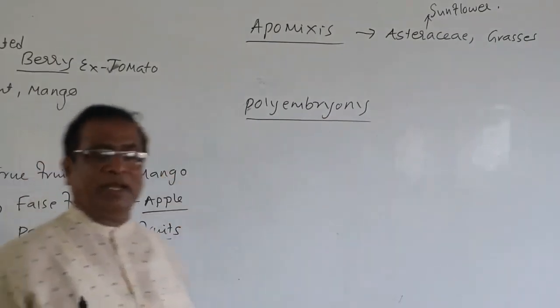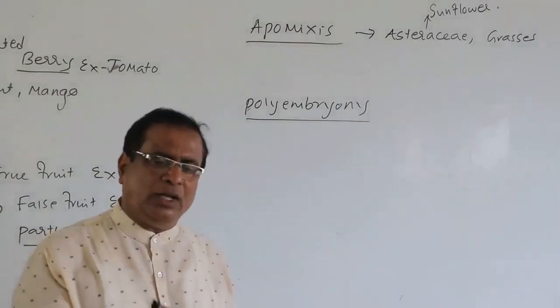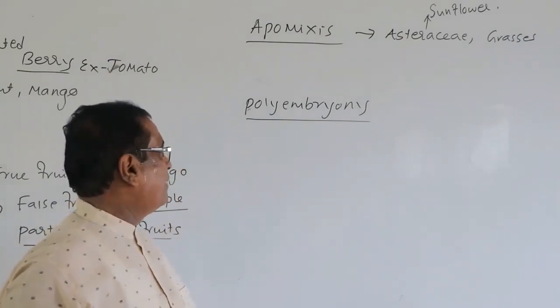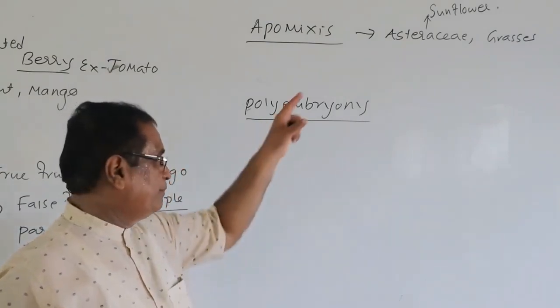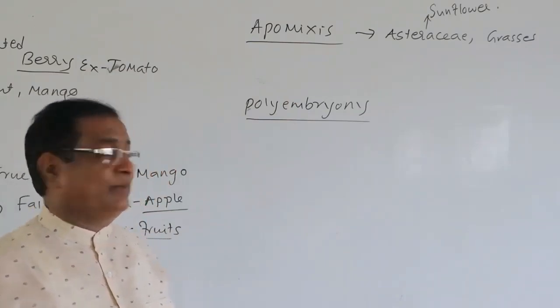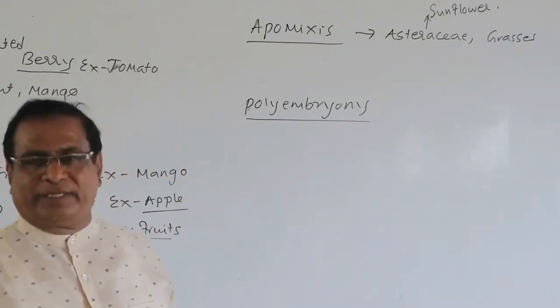In a similar way, formation of seed from the ovule without fertilization is named as apomixis. For example, in Asteraceae members like sunflower, and even grasses, we can see apomixis.